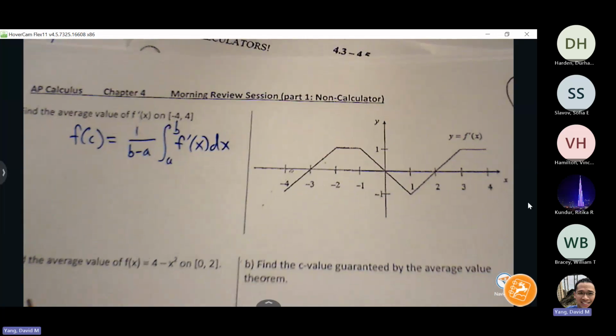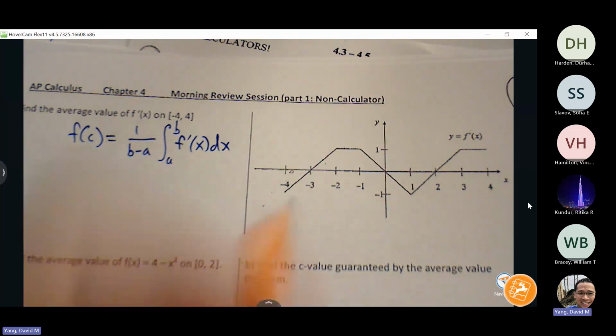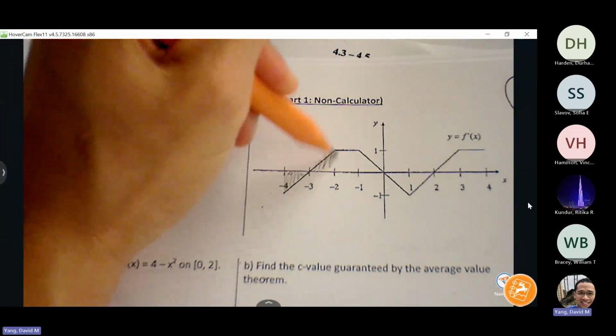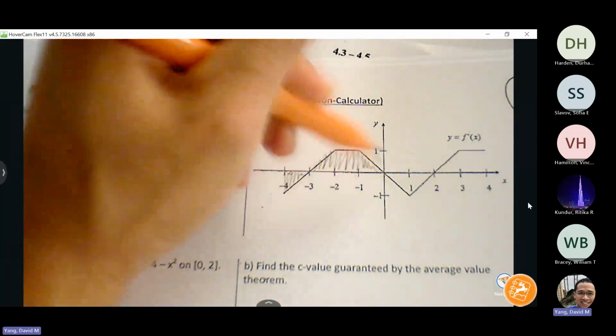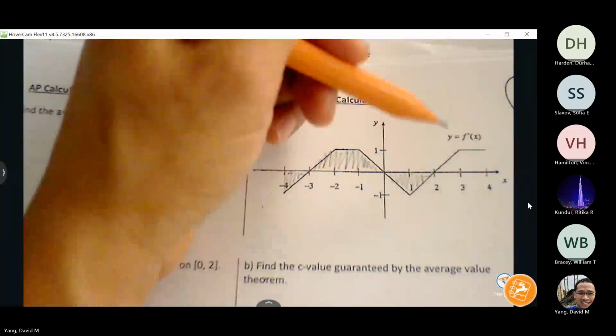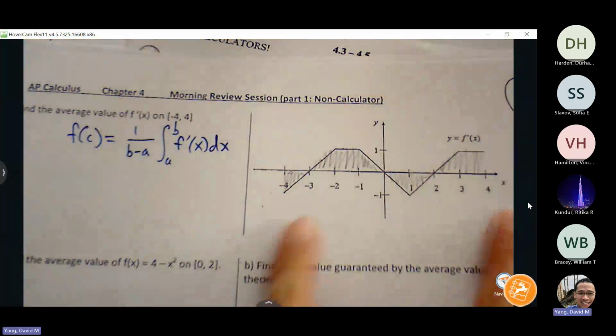Okay. Let's make sure that we know what parts of the graph we're looking at between the graph and the x-axis. So you want to practice highlighting so that you're just looking at those regions and not anything else. So this one, we are going from -4 to 4.